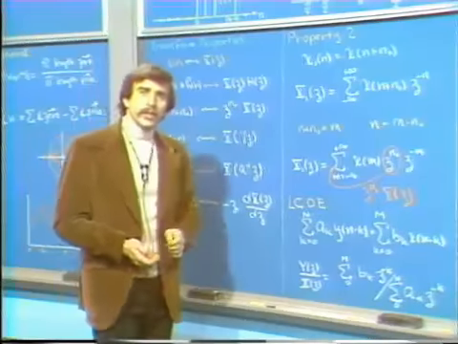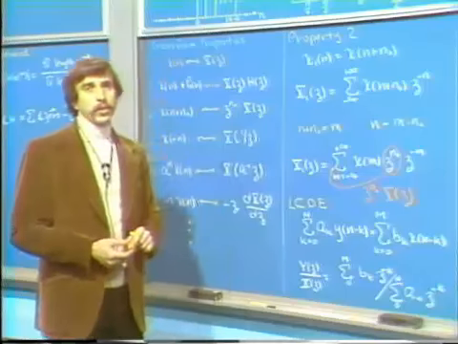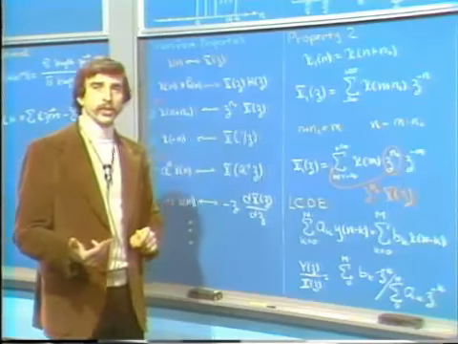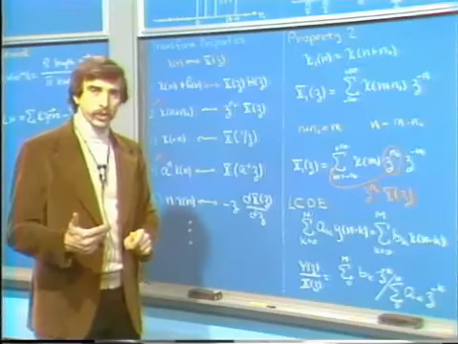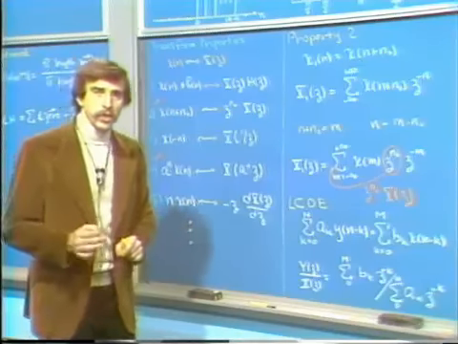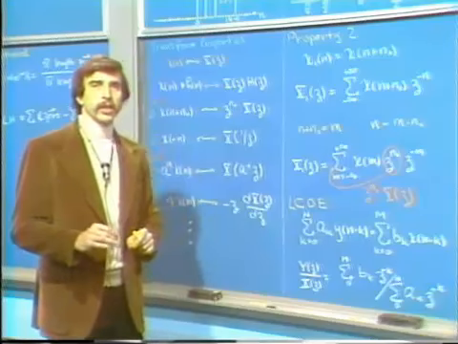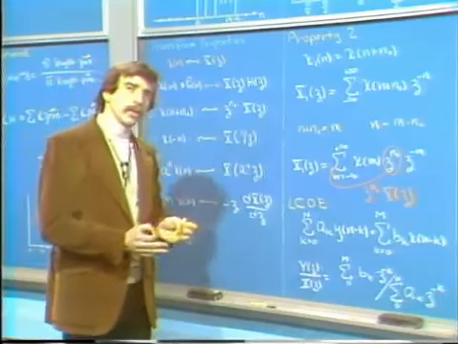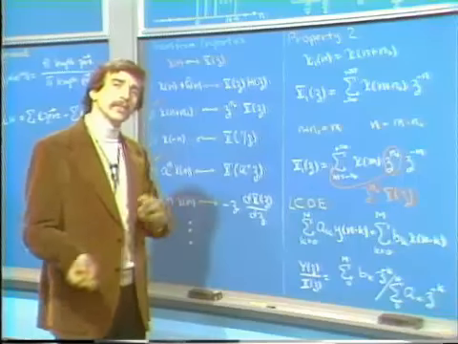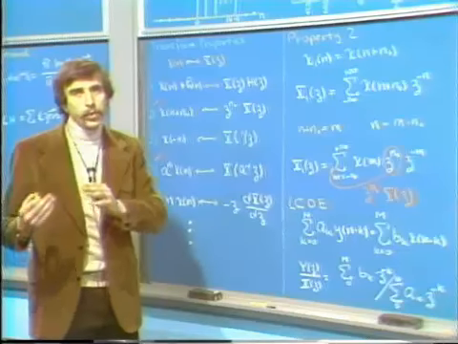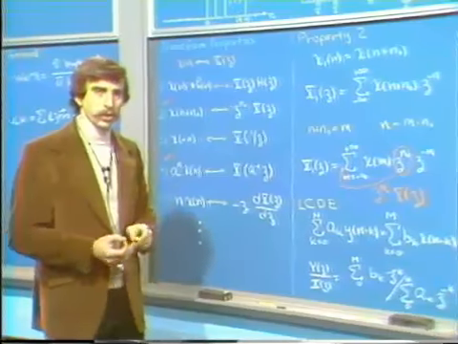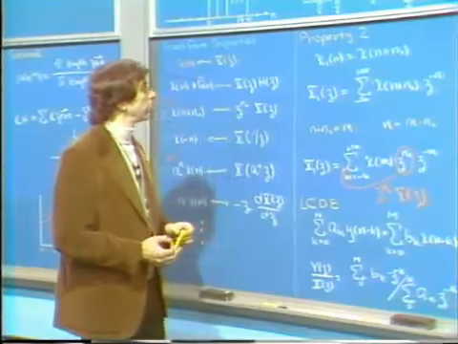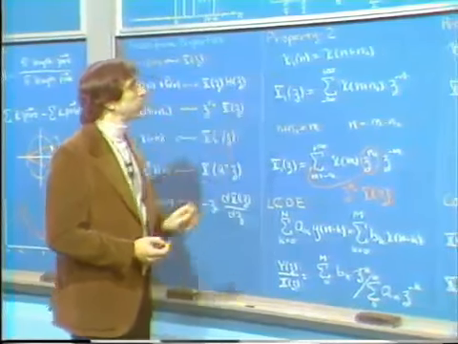I have alluded several times to the fact that systems whose system function is rational correspond to systems that are characterized by linear constant coefficient difference equations. That is, linear constant coefficient difference equations, those are the kinds of systems that end up with system functions that are rational functions. And in fact, we can see that in a straightforward way by just simply applying the shifting property.